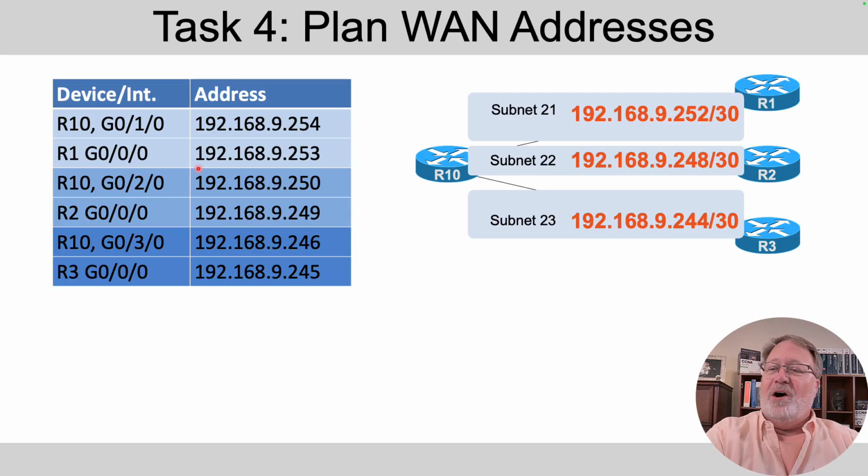For instance, on the R10 to R1 link, R10 gets the higher address that ends in 254, R1 gets the lower that ends in 253. Likewise, on the R10 to R2 link, R10 gets the .250 address, R2 gets 249, and similarly, R10 gets 246, and R3 gets the .245 address.